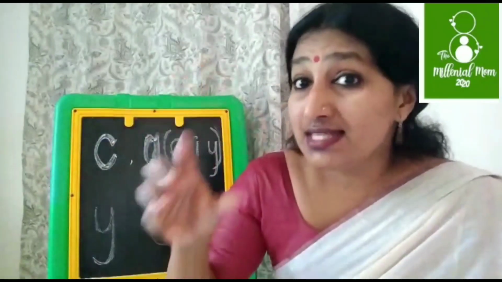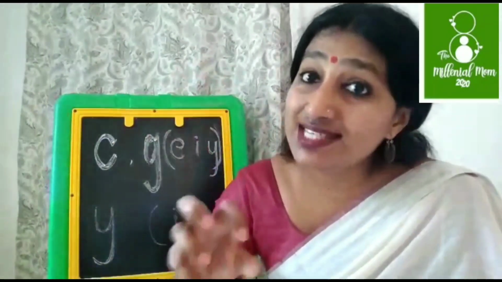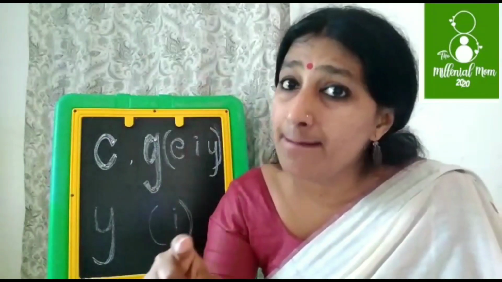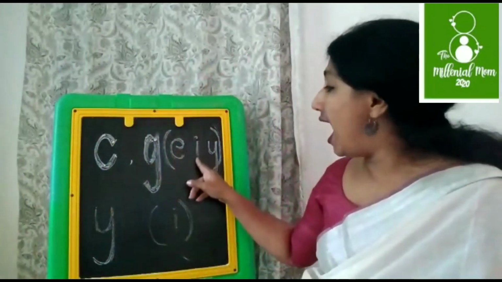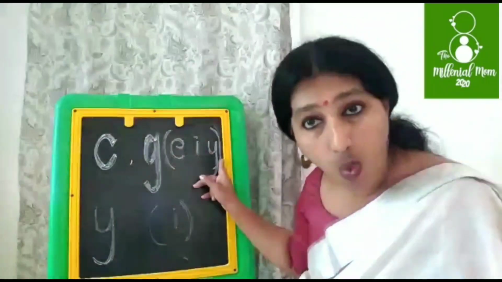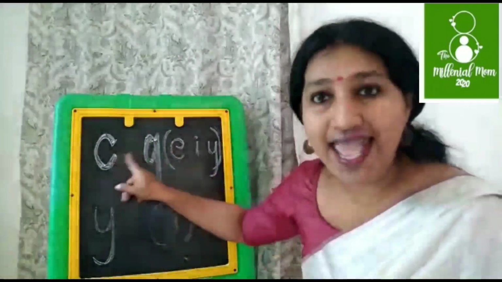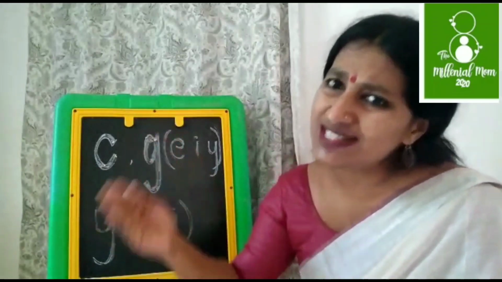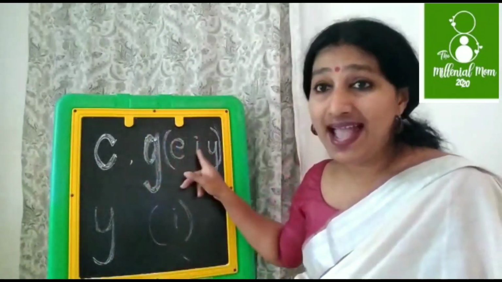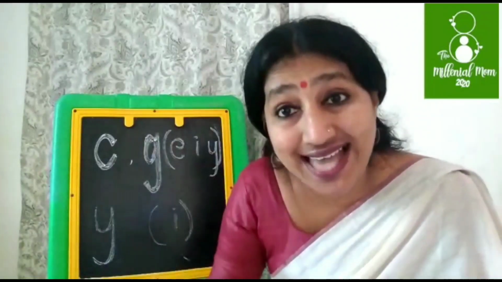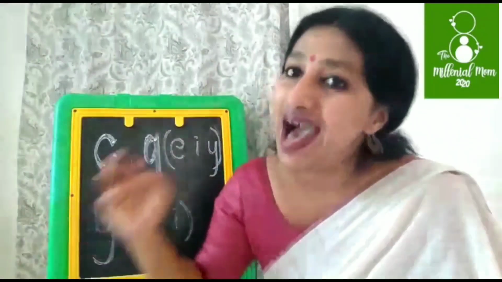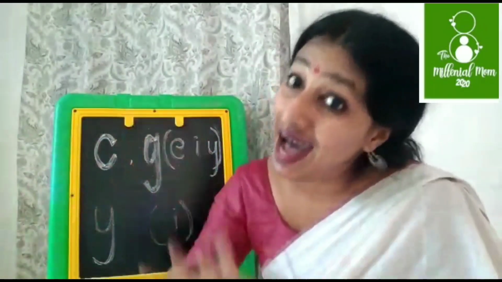Now, these two letters change their sounds when they stand next to E, I or Y. When C and G stand just before E, I or Y, they take another sound, a soft sound. Otherwise, they take the hard sound.